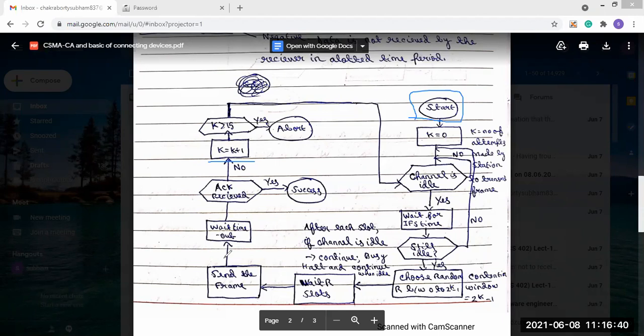After drawing them, try to explain each step. If you explain it step by step, it will be very clear. Make the diagram fully clear, because if the diagram is clear to you, then you will be able to explain it. Okay, so this is our CSMA/CA.